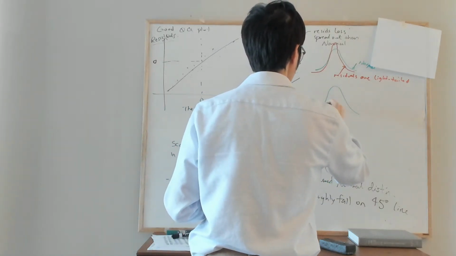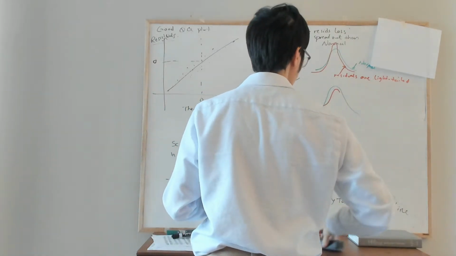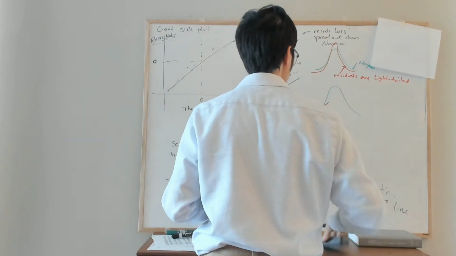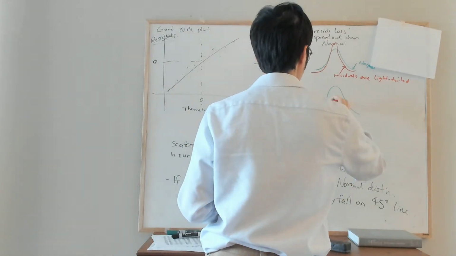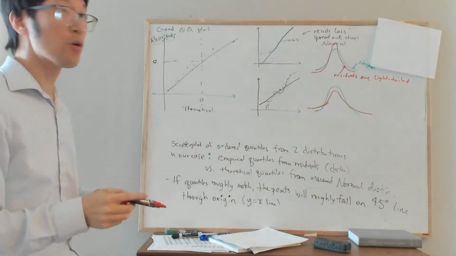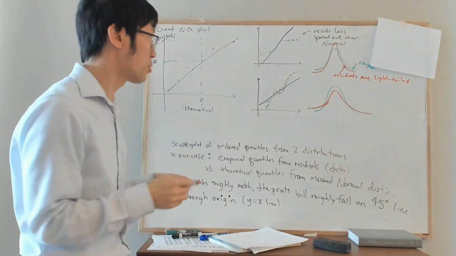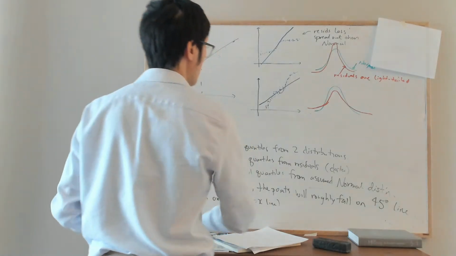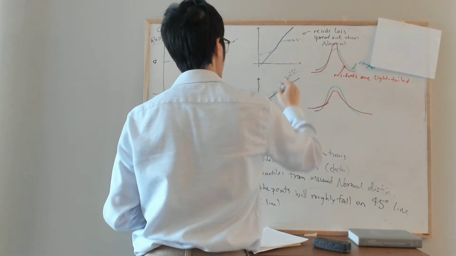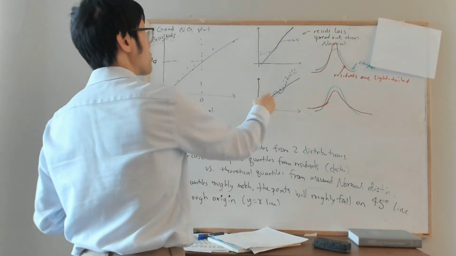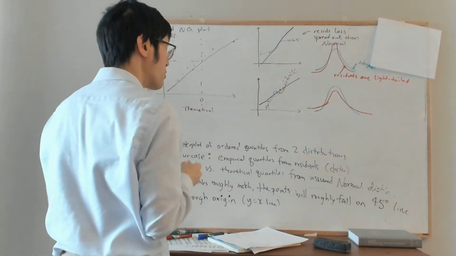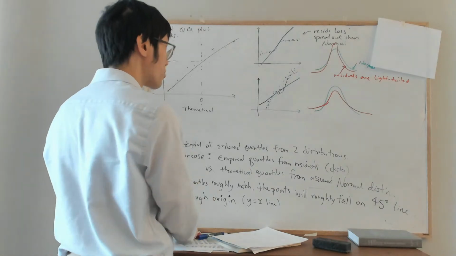In other words, it has heavier tails than a corresponding normal distribution. That's where you have points below at first, and then points above in the right tail.